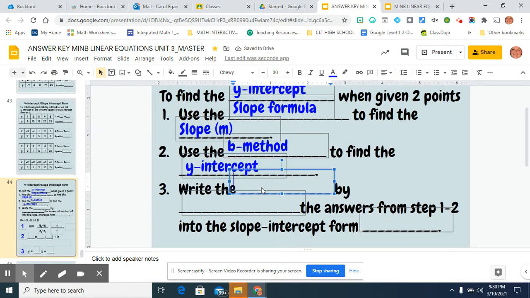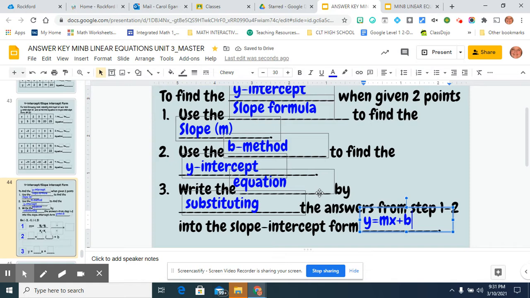And then we're going to write the equation by substituting the answers from step 1 and 2 into the slope-intercept form of y equals mx plus b.